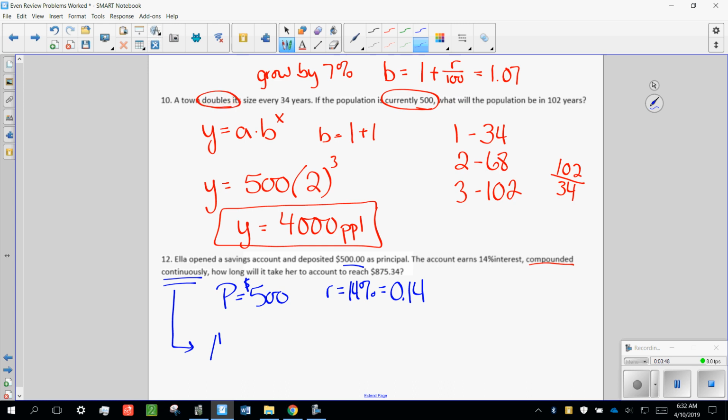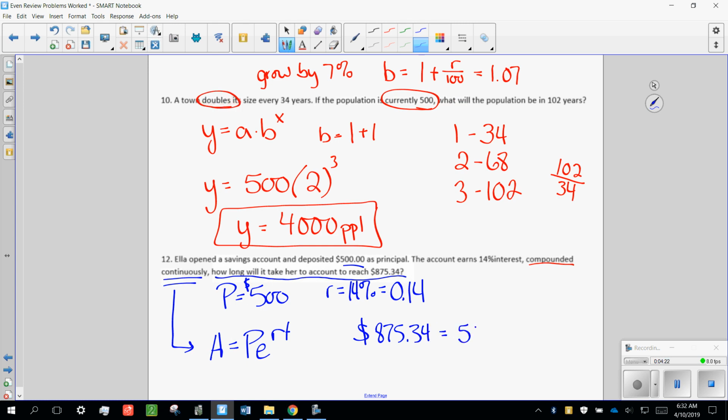So that means we're going to use A equals P times e to the rt, where e is the exponential. It's a number, 2.71828, something like that. So we're going to plug in what we know to find out whatever they ask us about. How long will it take for her account to reach $875? So the goal for her is to reach $875.34.